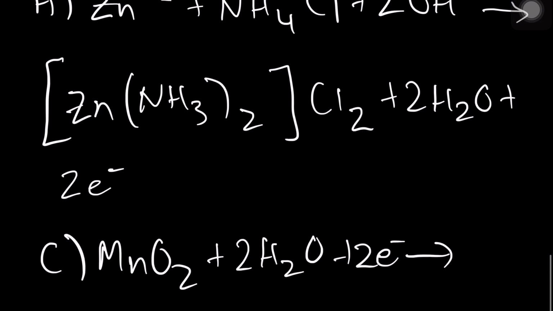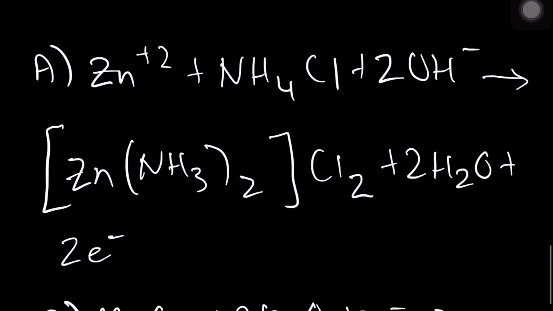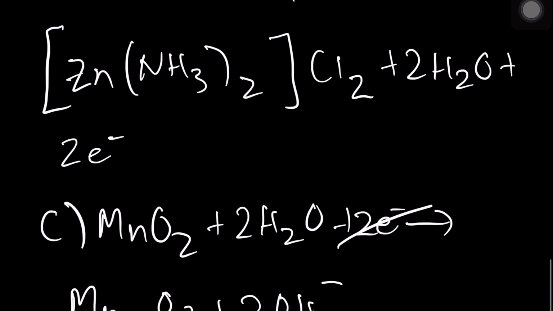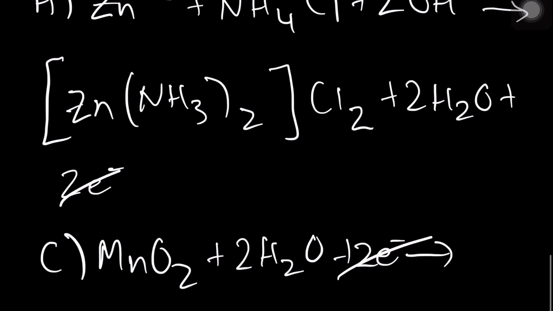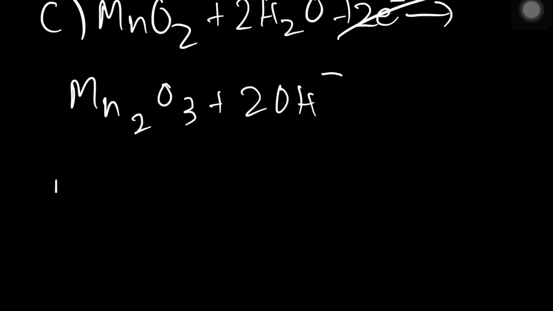Now if we take a look at both of our reactions and try to find some common terms, we can see that on the product side we have 2 electrons common, and so we will cancel that. And on the reactants we have 2 hydroxide ions common, so we can also cancel that.